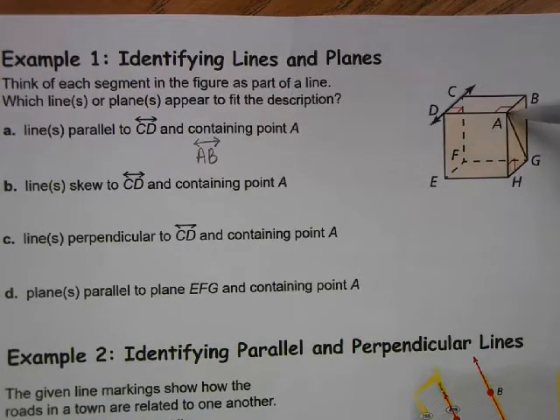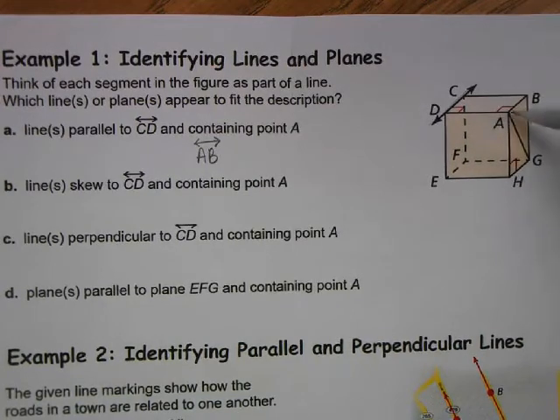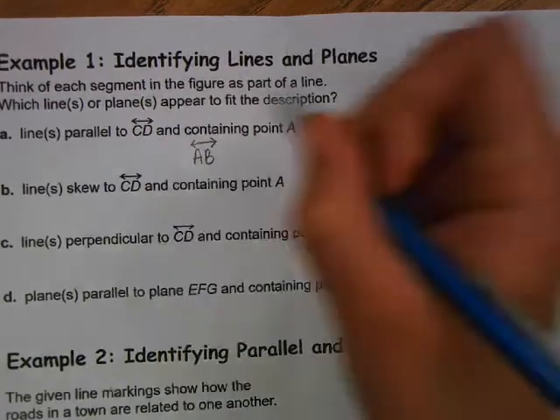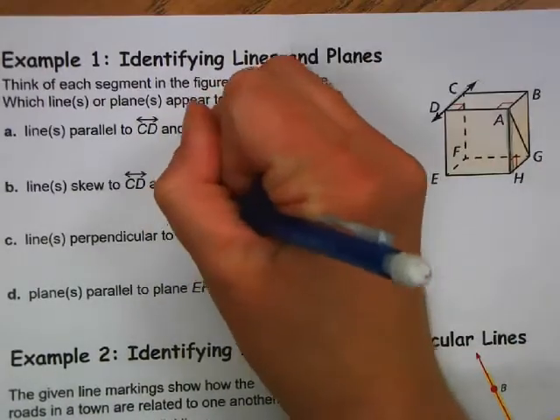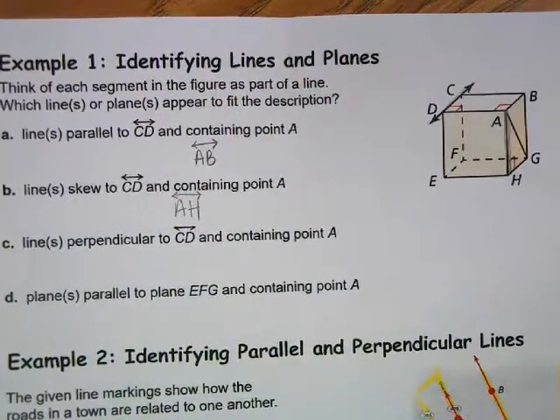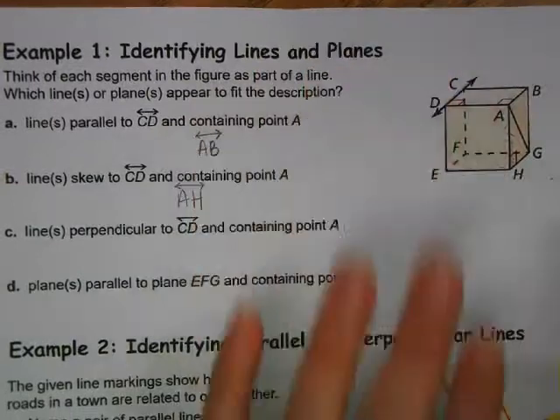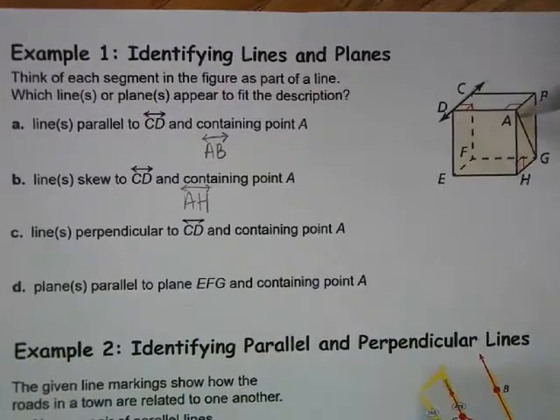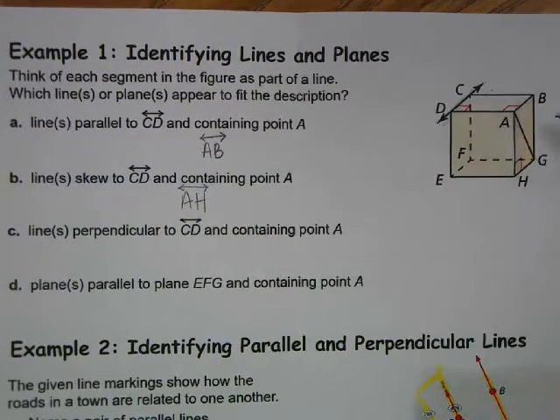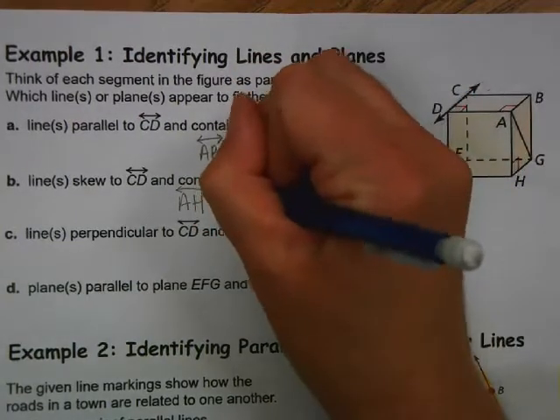So a line that's not parallel to CD and will not intersect CD but goes through point A, you could say AH is a line that is skew to CD. So you would put capital A, capital H with the line symbol on top. You could also say line AG is skew to CD because it will be non-intersecting and non-parallel.